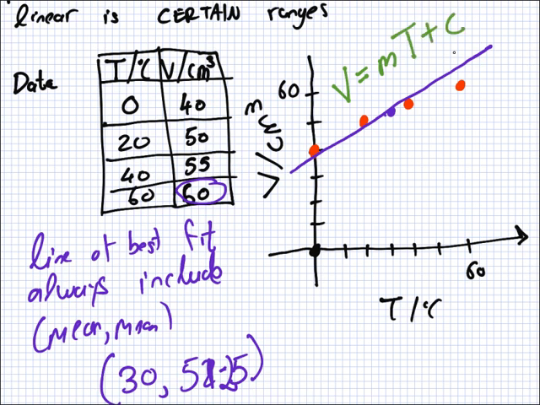Now the c is the easiest point to get. How do we get the c? Yeah, the intercept. So that looks like it's a little bit under 40, so about 39. Okay, so I'm going to say the c is roughly 39 centimeters cubed. Roughly, right? Maybe it's 38.